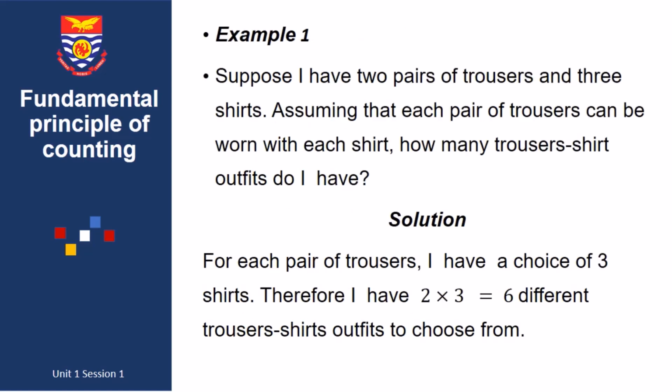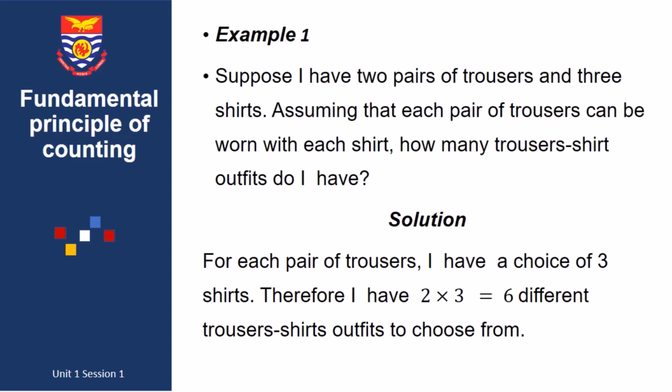Example 1. Suppose I have 2 pairs of trousers and 3 shirts, assuming that each pair of trousers can be worn with each shirt. How many trouser-shirt outfits do I have?